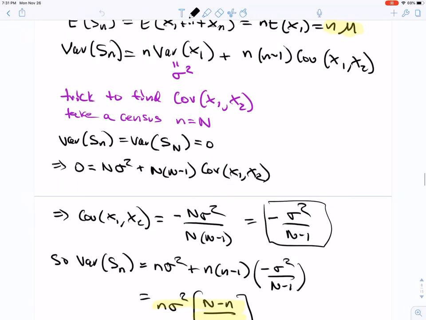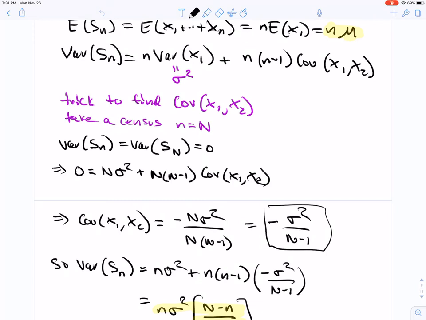So there's a trick, and that is to take a census. So we're going to pull out all the elements of our population. And of course, then the sample mean will always be the same. So the variance of that sample mean will be 0.